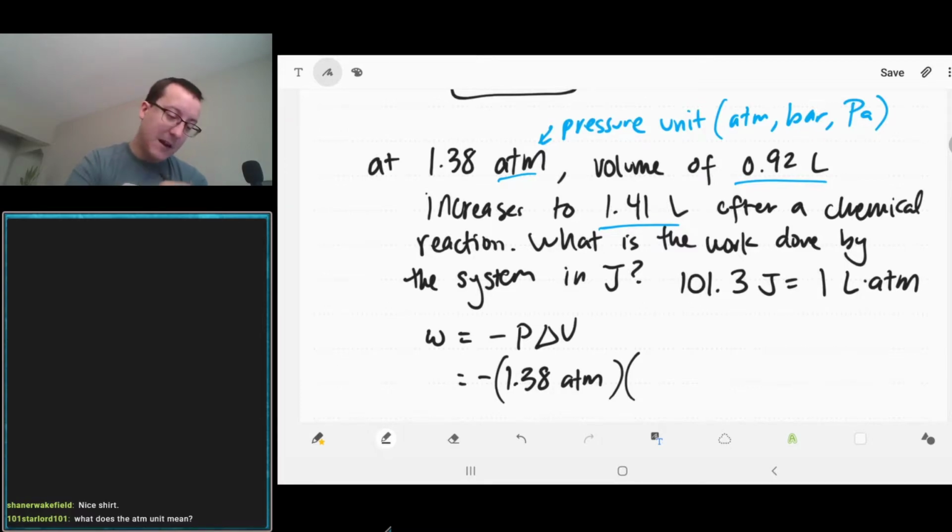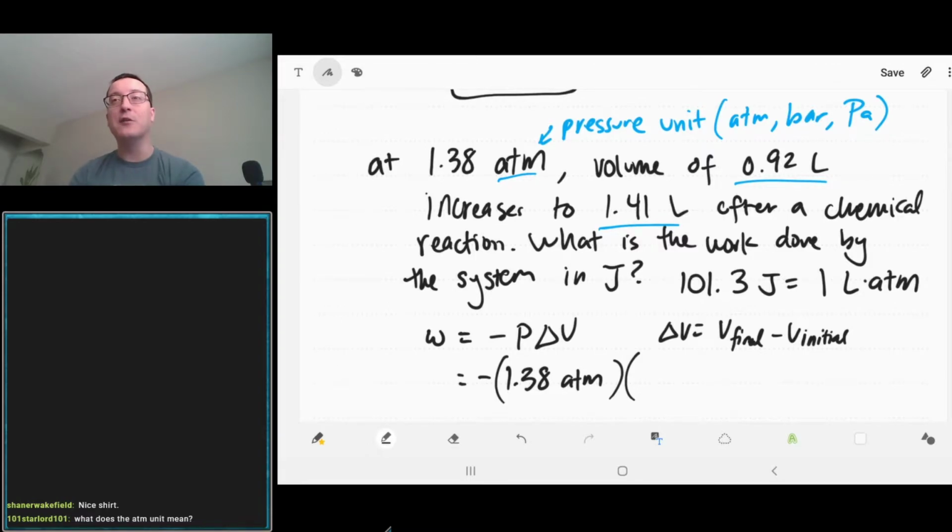And again, remembering that delta V is the final one minus the initial one. So which one is going to be our final volume here? And which one's the initial one?